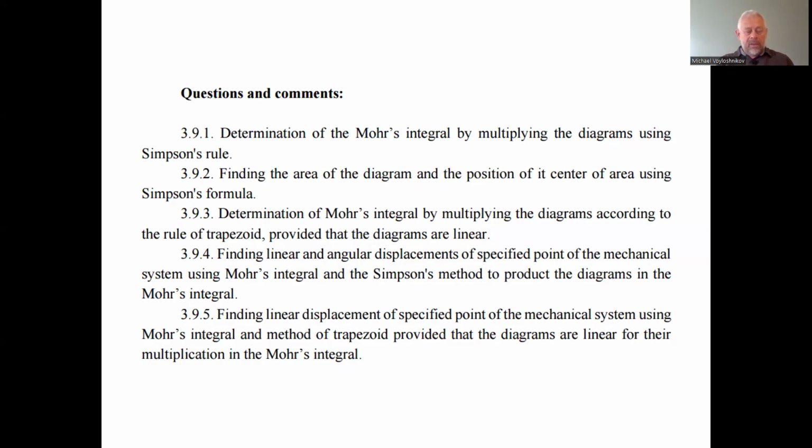And instead of that, we can use only the magnitudes of ordinates of the bending moment of each of the diagrams, whether under the action of the external load or the action of the unit force. For the Simpson rule, we have to use three magnitudes of the bending moment diagrams at the ends of the considered element of the mechanical system and in the middle.